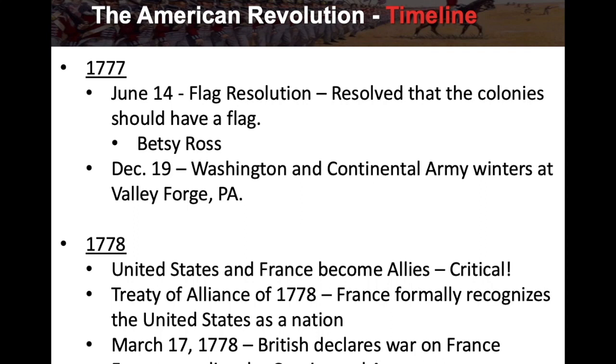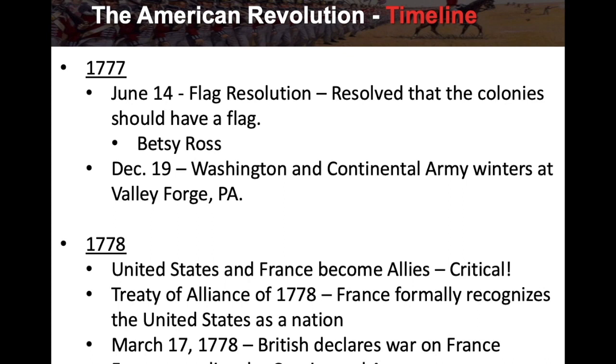They had very low morale. A lot of them were freezing, with frostbite. There are stories of soldiers walking in the snow and leaving bloody footprints because their boots had worn through and they had no winter clothing. It was just a really low time for Washington and the Continental Army.